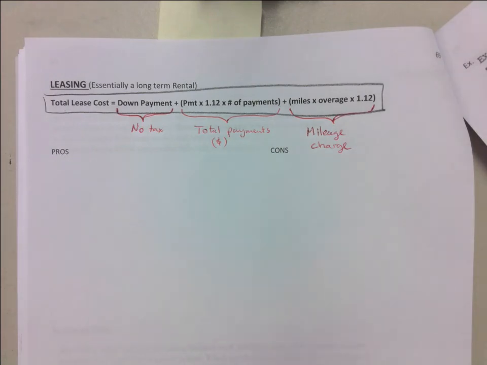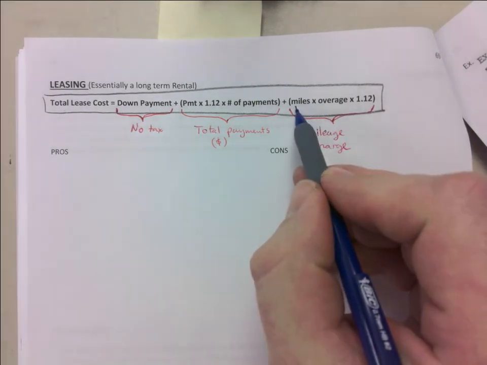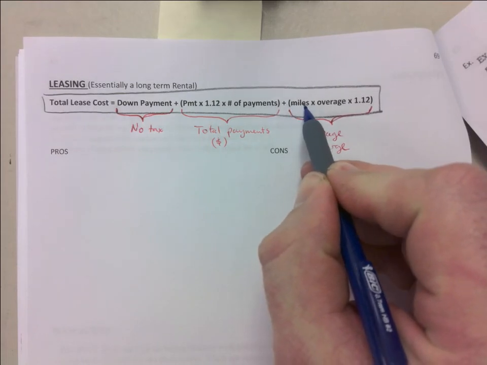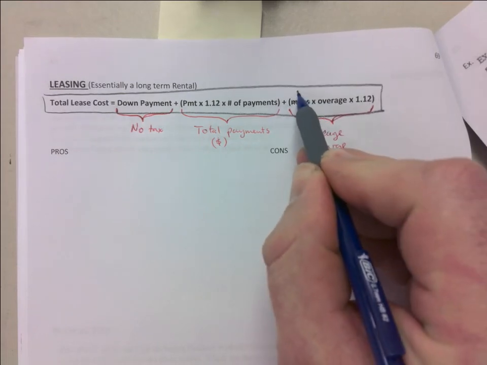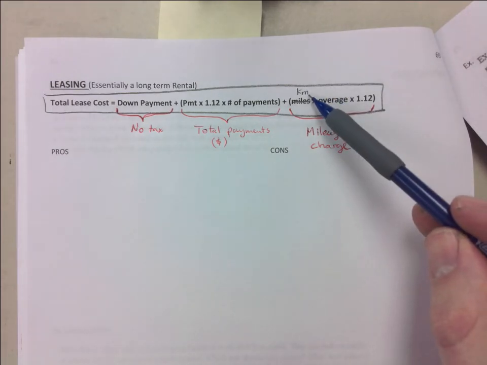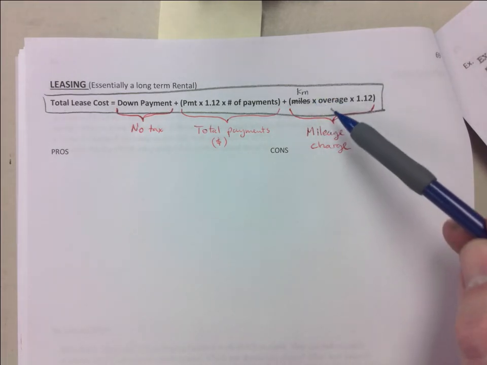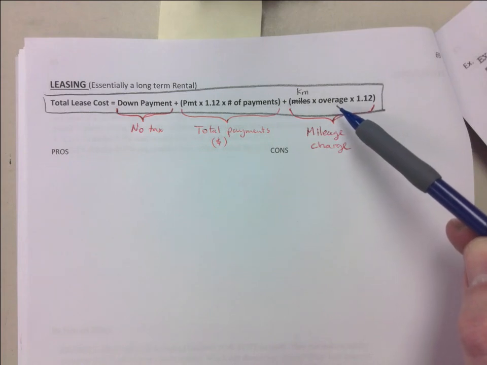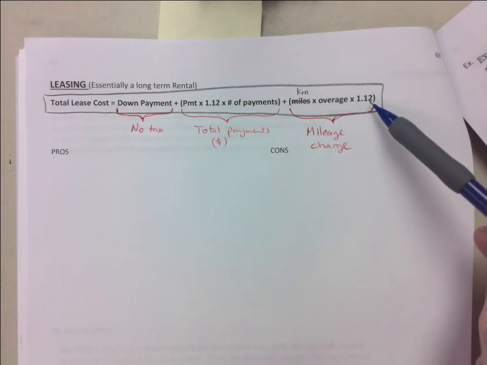They charge you extra. So I need to get rid of miles. It should say kilometers. I will not throw miles at you. It'll just be kilometers. So the kilometers that you're over, times the overage charge, times 1.12.